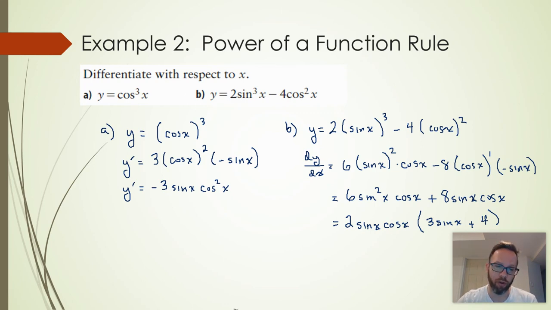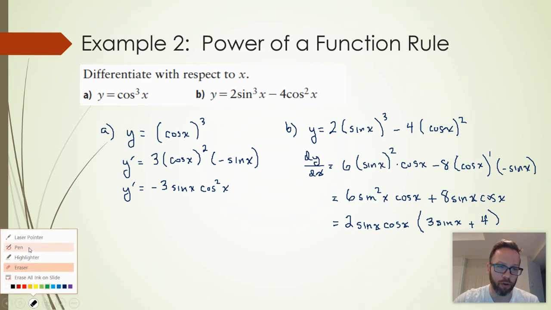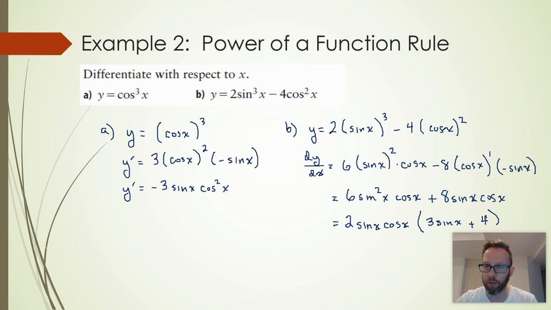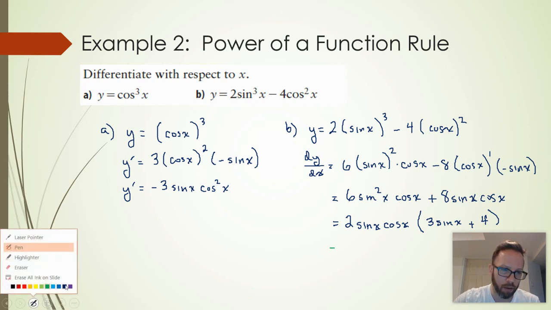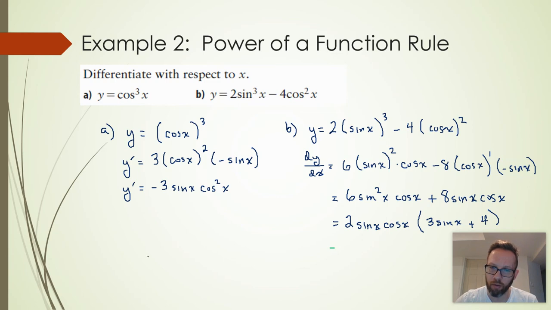And in fact, we do make use of it in a future lesson where we do some optimization problems. And it's this identity here. 2 sine x cos x, you can simplify as the sine of 2x. That's one of the double angle formulas you've learned in the past.